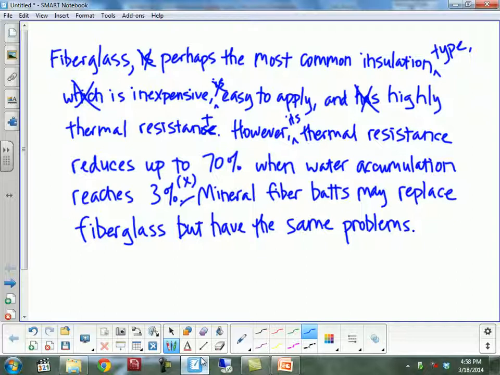And I was just talking with another pair about this. We need to repeat the verb if they're not all the same. If they can all operate off of one verb, is inexpensive, is easy to apply, is highly thermal resistant, then we can just have the one verb.